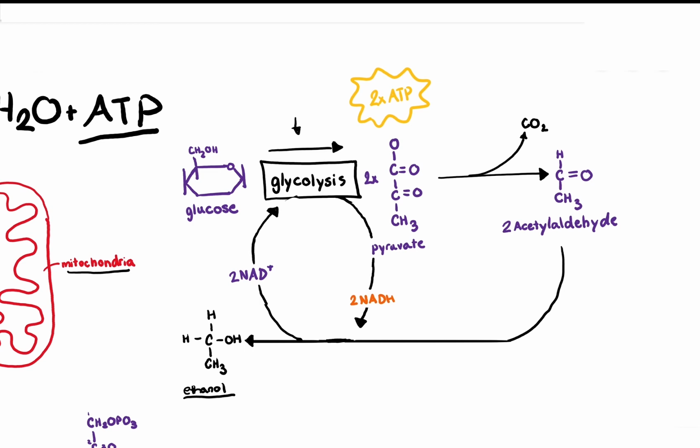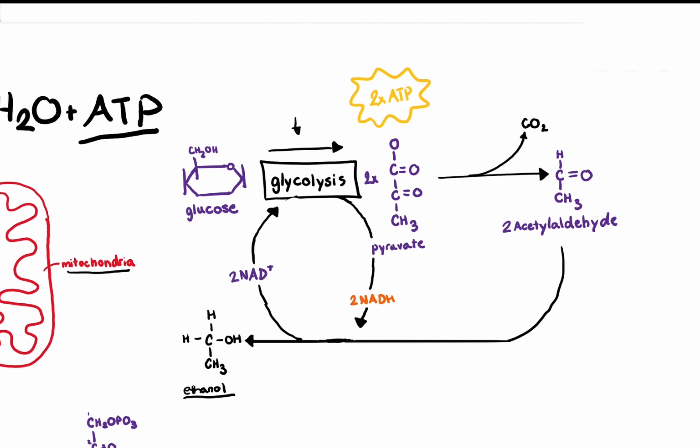Well, it's because when your NAD+, which is used up in glycolysis, is not renewed, you don't have the ability to continue glycolysis. It's a limiting factor, because without NAD+, glycolysis can't occur. And if we use up all of the NAD+ that is stored in the cell, then we can't produce the ATP through glycolysis.